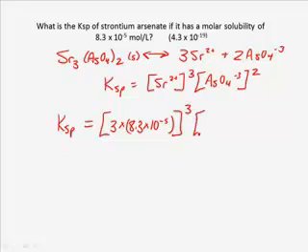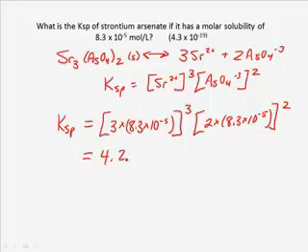And then the arsenate would be 2 times 8.3 times 10 to the minus 5. Okay? And then we get 4.25 times 10 to the minus 19th. That's the KSP, so that's going to be unitless.